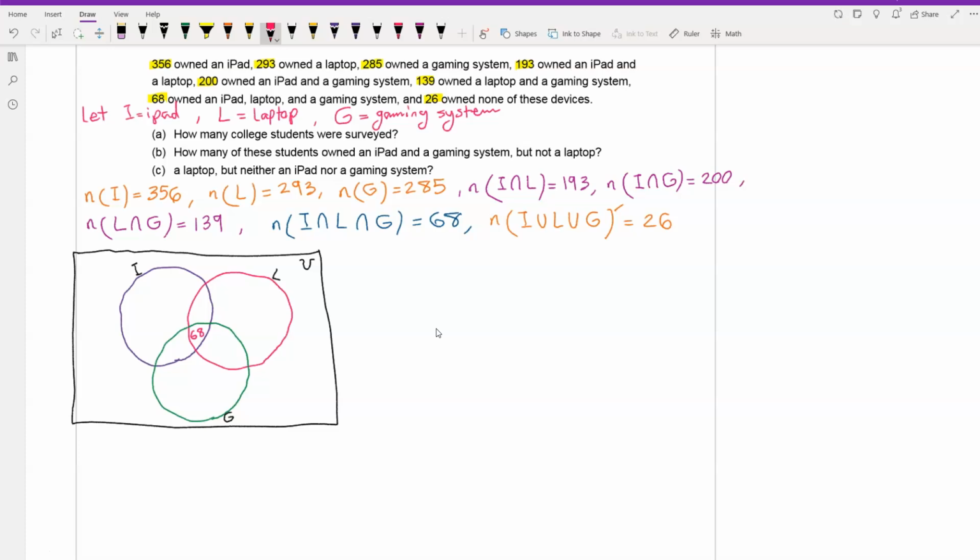And then what we have for iPad, laptop, here we have the intersection part is 193, but the point is that we already have the 68 between these two. So we should subtract this part to find the answer for that part.